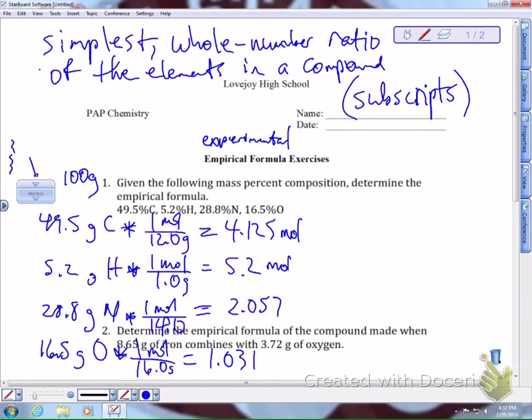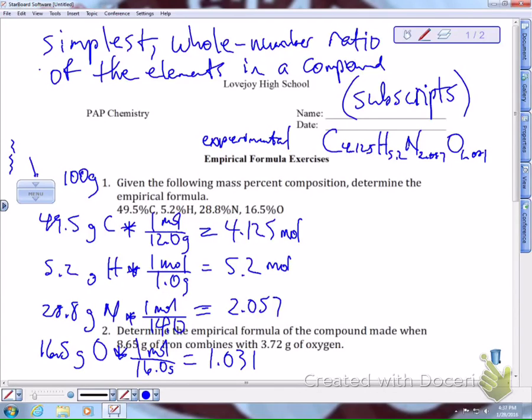So now, it seems like we have just a bunch of crazy numbers, but we really have found the first subscripts for this chemical formula. It would be C4.125 H5.2 N2.057 O1.031.